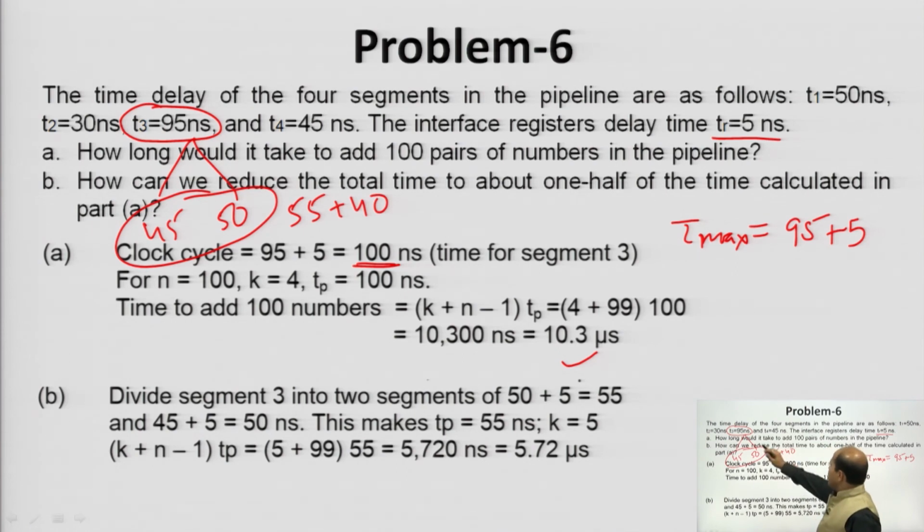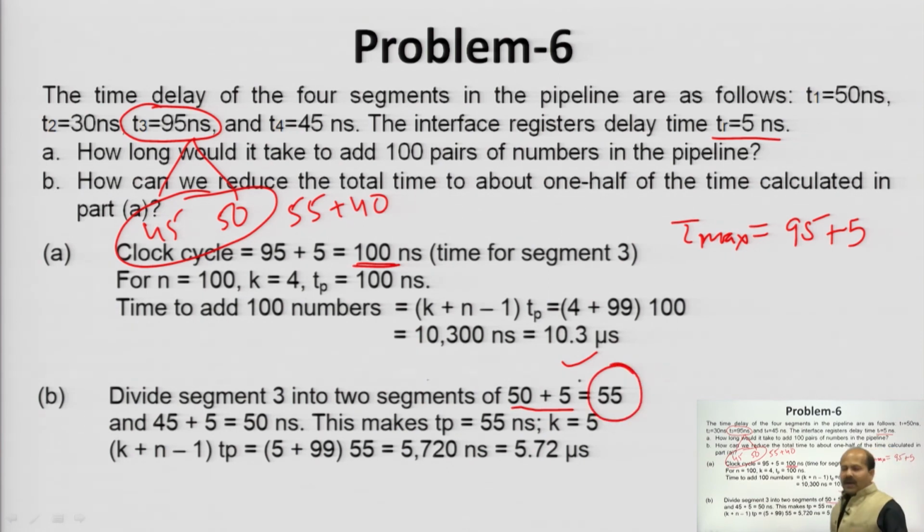If we divide this third segment into 2 parts, that is segment number 4 and 5, there will be 5 segments after the division. And what is the time period in this case? First we have to calculate the time period. If we have divided into 45 and 50, the clock period for this pipeline system will be 50 plus 5, that is 55.